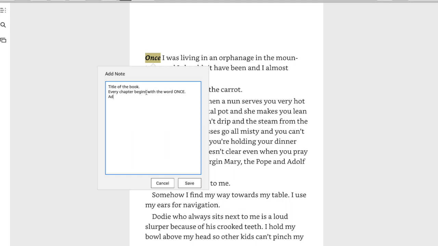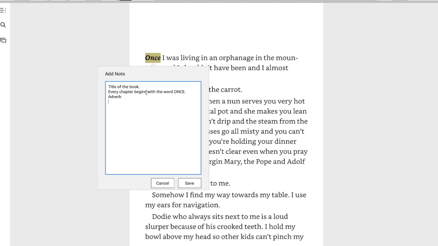Okay, once is an adverb. It means on one occasion. So usually an adverb describes the verb. So having just Once as the title and Once beginning every chapter means that you can describe different things. And that is the case.